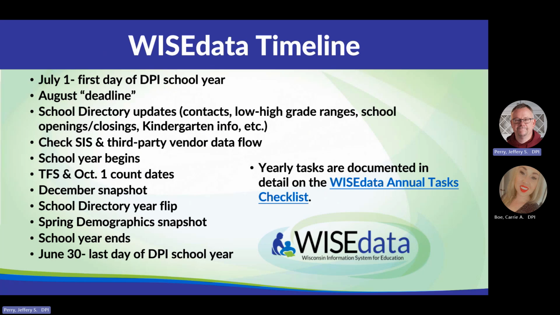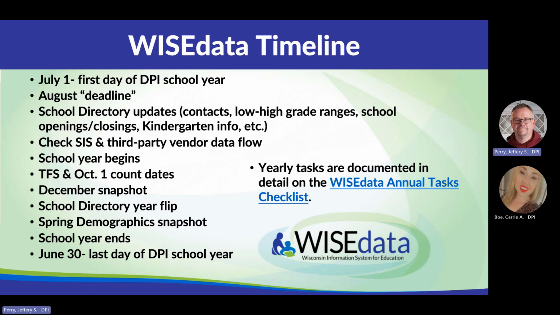So the December snapshot is huge, and that's why we put a lot of effort into data quality leading up to the snapshot to make sure that everybody has the tools they need to get the data in as great a shape as it can be before the snapshot. And over on the right side of the slide, we have linked the WISEdata annual task checklist, which can be a really great tool for the people at your LEA that are working on the snapshot to be able to go through and make sure that all the tasks are being completed that need to be.